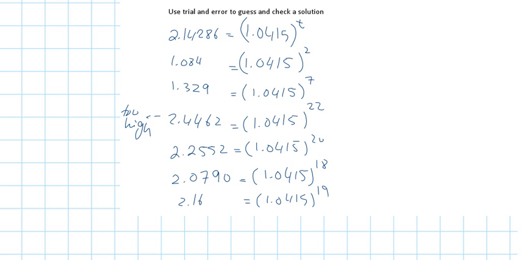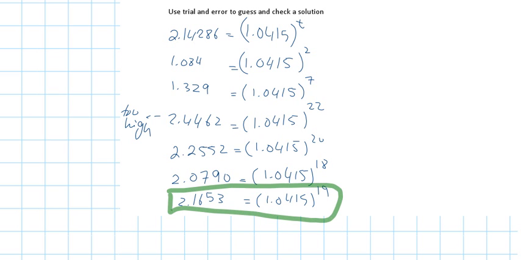So we see that it's somewhere between 18 and 19 years. Because we're exceeding 3 million, we're going to have to go with this. So we know it's somewhere between 18 and 19 years.